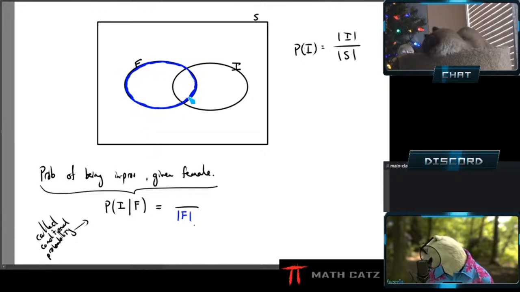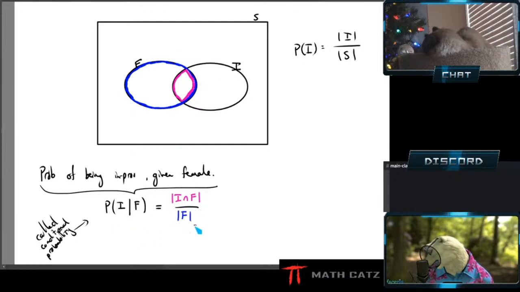How many of these in the blue circle satisfy the in-province requirement? Only these guys. Or girls, I guess. Only these. So that would be, in any order you want, the intersection of in-province and female.